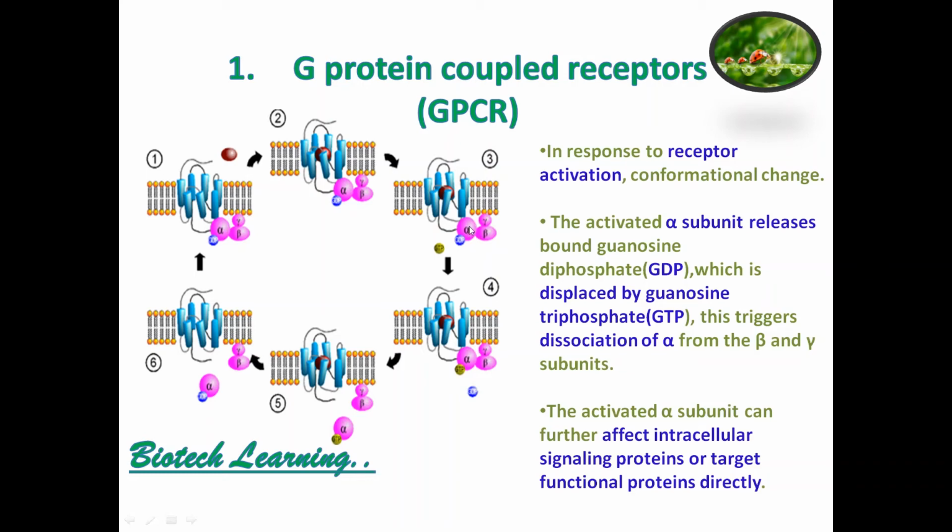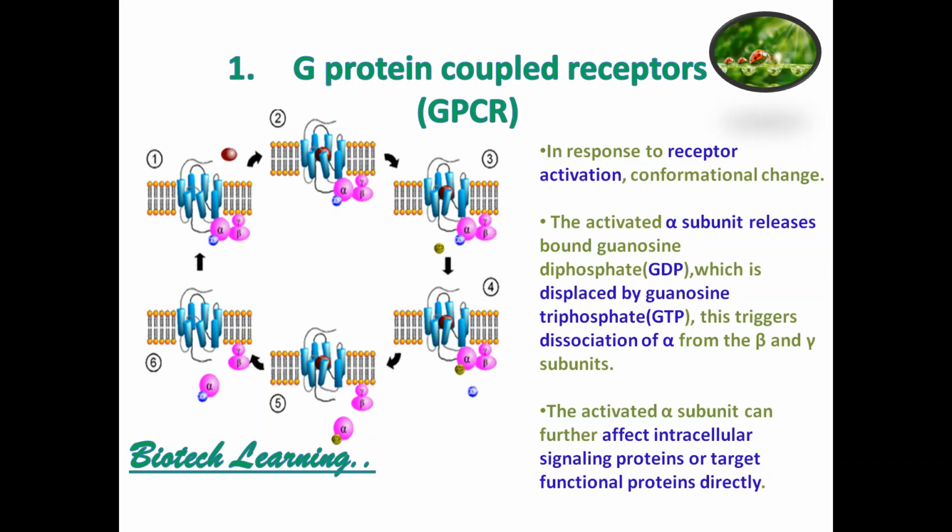The activated alpha subunit exchanges GDP for a GTP. When the GTP binds to the alpha subunit, it dissociates from the beta-gamma dimer. And now the activated alpha subunit can further affect intracellular signaling proteins or target functional proteins directly.